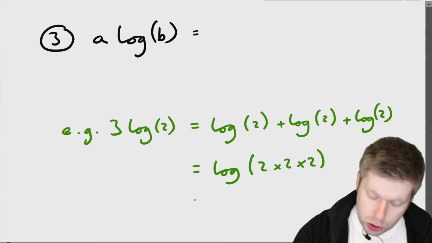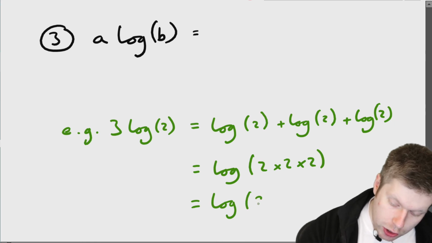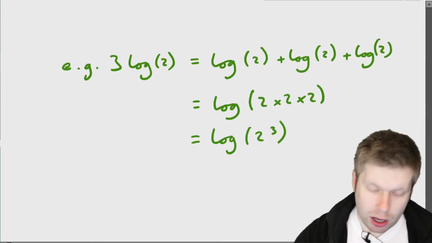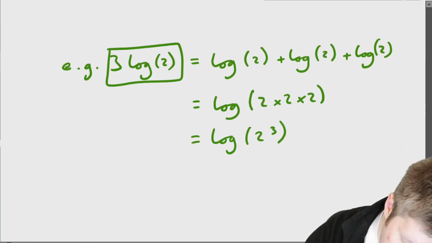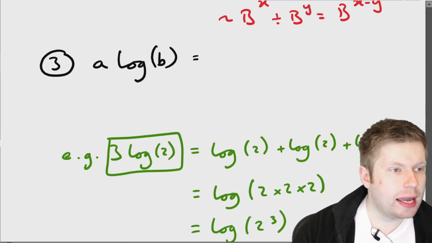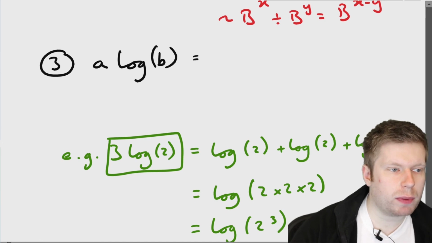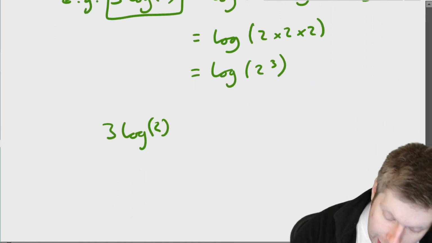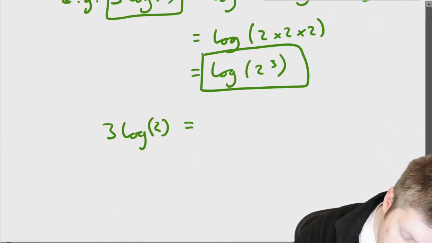Well, what is 2 times 2 times 2? I could write that as 2 cubed. So let's see where we started. In this case, we started with 3 times log of 2, so exactly the same kind of setup as I was looking at in my general case, some constant times log of some number, and I ended up at log of 2 cubed.